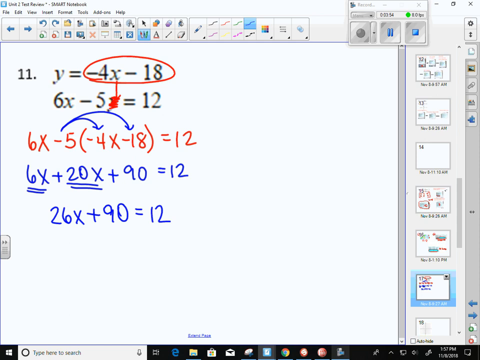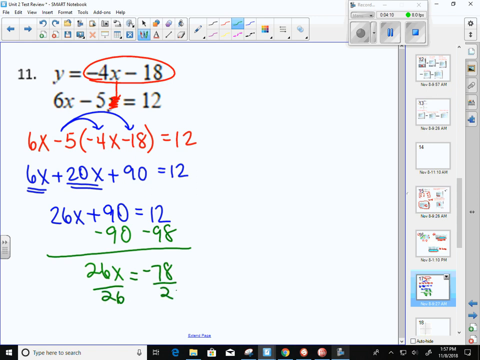Now we're working to solve for x. So we subtract 90 from both sides. I get 26x equals -78. Divide both sides by 26, and x is going to give you -3.